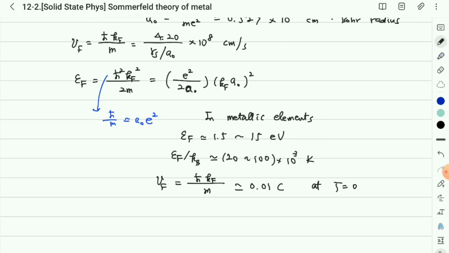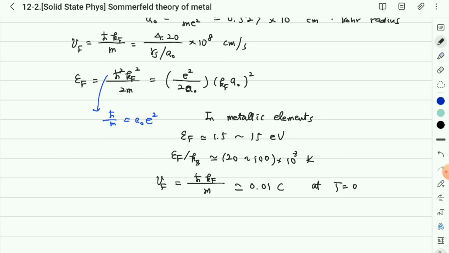The highest energy level is the Fermi energy, and even at zero temperature the Fermi energy level is very high, about 1.5 to 15 electron volt, corresponding to several tens of thousands of Kelvin.